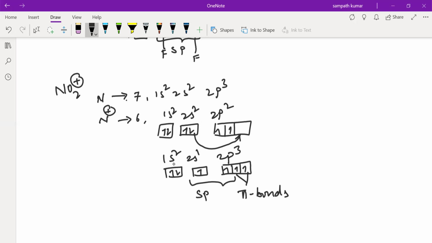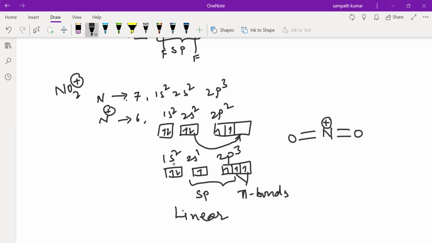This structure is sp hybridization, a linear molecule, O double bond N double bond O, and the nitrogen also has a positive charge.